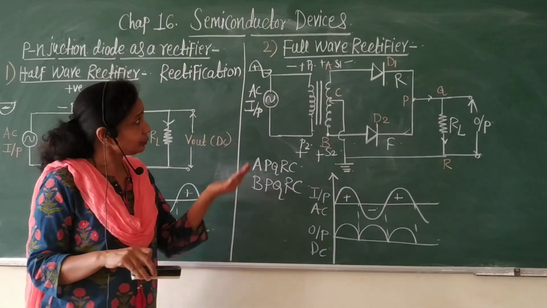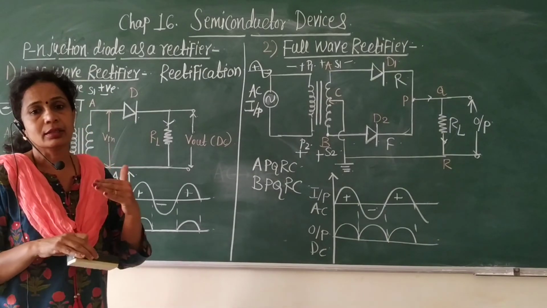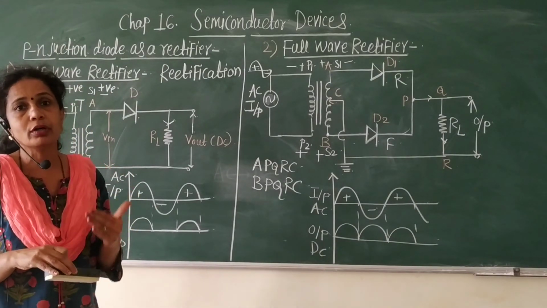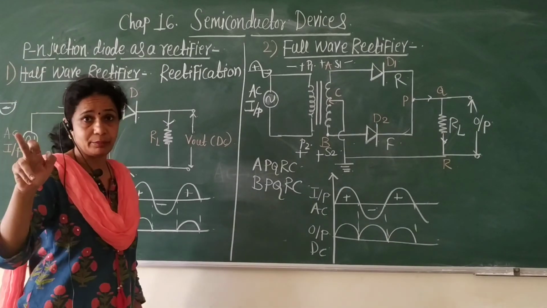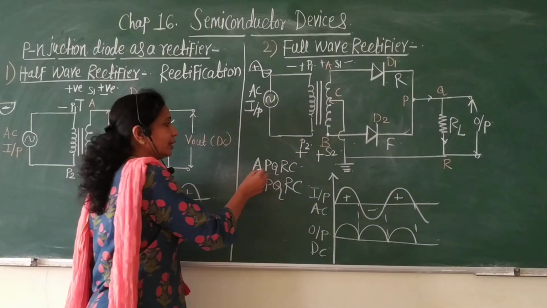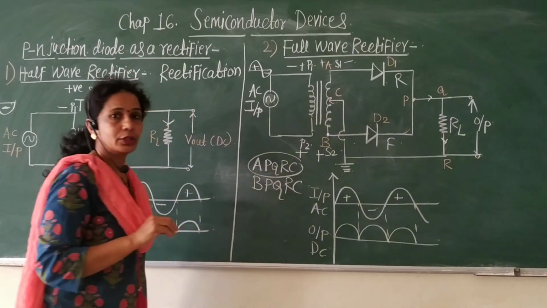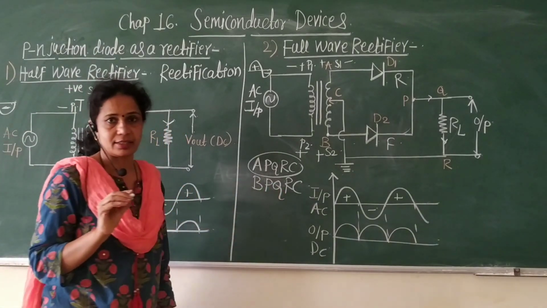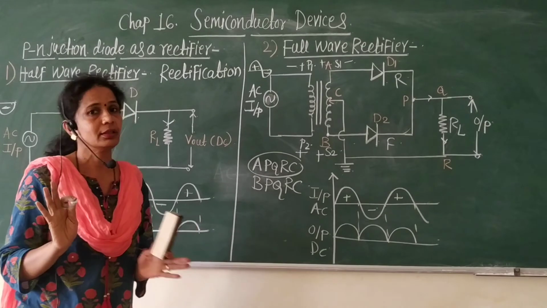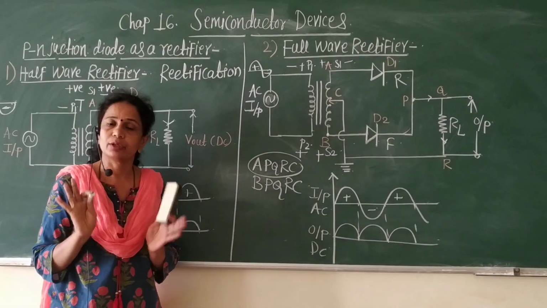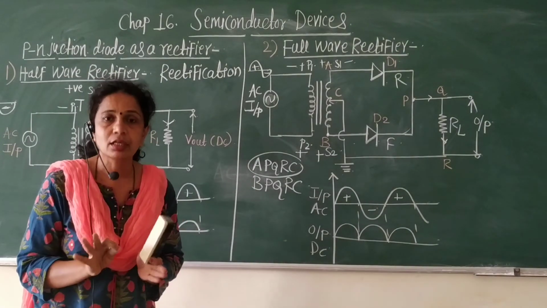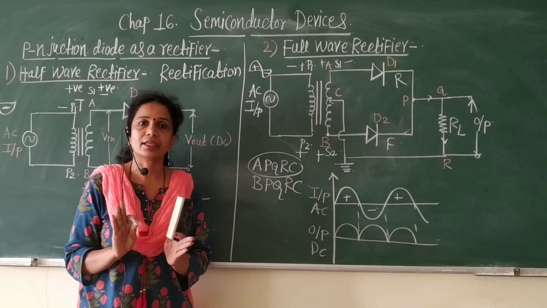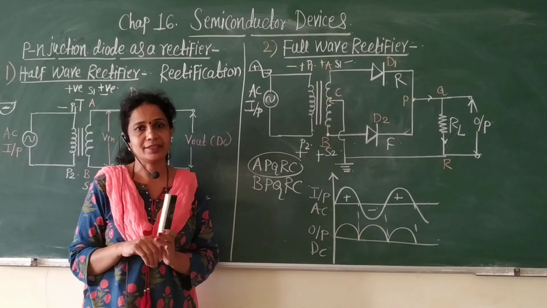And in a full wave rectifier, the current flows through the load resistance in the same direction. Whether the direction is A, P, Q, R, C or B, P, Q, R, C, the direction of the current is the same in both. Therefore, the PN junction diode as a rectifier is a very important device. Let us stop here.